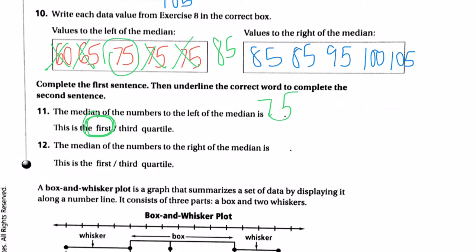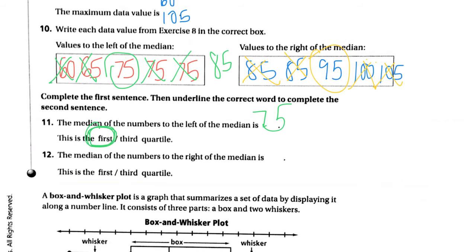Now, for the values to the right, we cross these off, and our median to the right is 95. And that is going to be the third quartile.